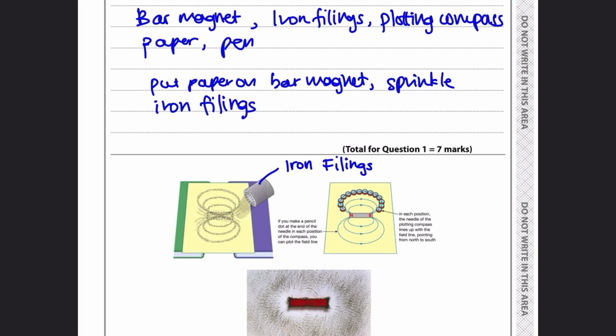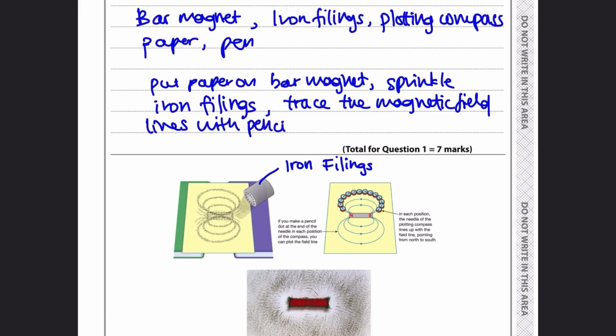Sprinkle iron filings, and then trace the magnetic field lines with pencil, so you can see, well, not the direction yet, but at least where the field lines are. You're going to draw these shapes like this, and so on. Then you have to use the plotting compass to see the direction. Use plotting compass for direction.